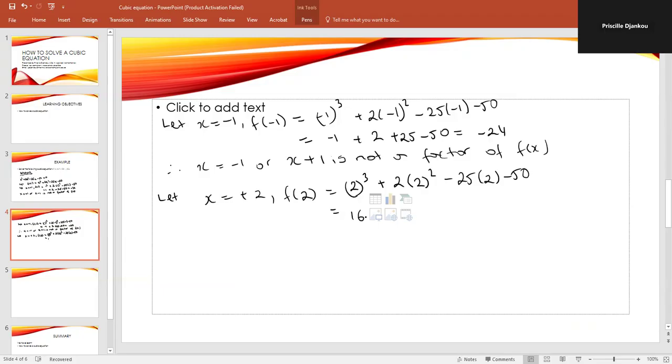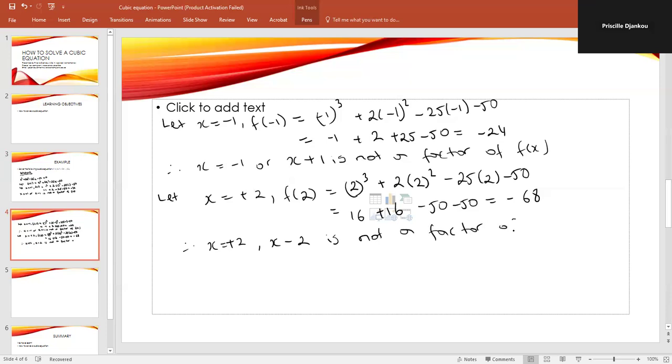We're going to have 8 plus 8 minus 50 minus 50, and the answer is minus 84. Once more, we don't have a 0. Our conclusion at this point is that x equals plus 2, or x minus 2, is not a factor of f of x.